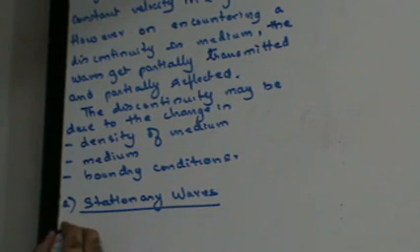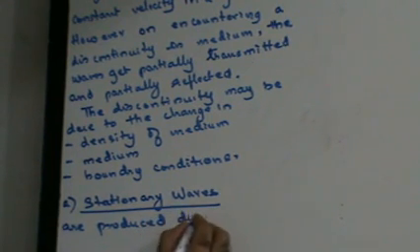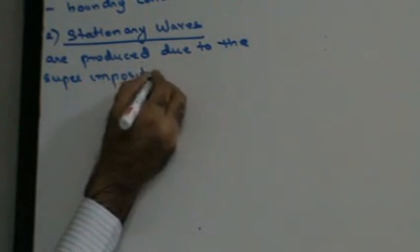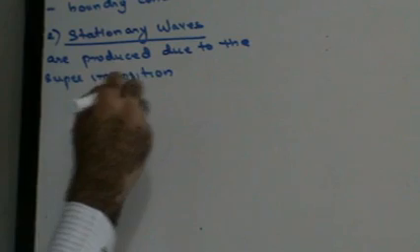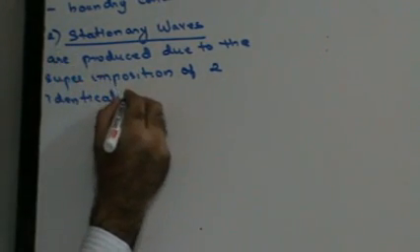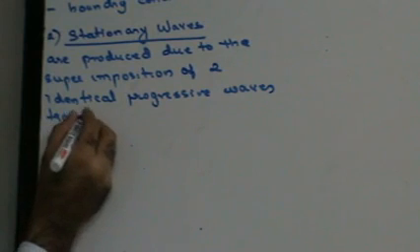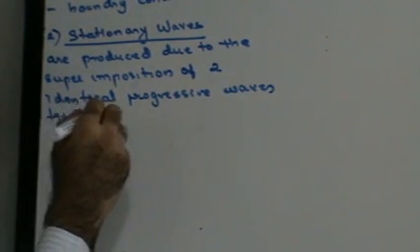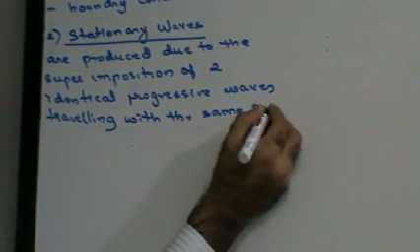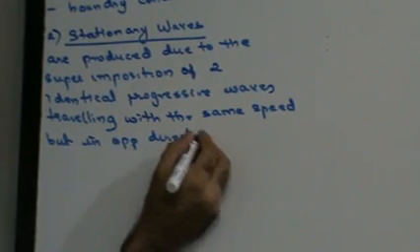Stationary waves are produced due to the superposition of two identical progressive waves traveling with the same speed but in opposite directions.